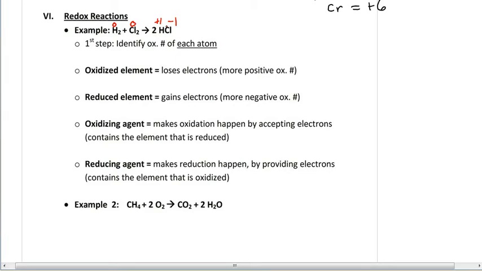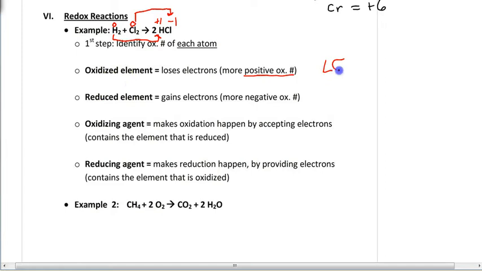Now we want to identify what has happened to each element. Here, the hydrogen went from being 0 to being +1, whereas the chlorine went from being 0 to being -1. And remember, that has to do with electrons being transferred from the hydrogen to the chlorine. Because the oxidation number has become more positive for the hydrogen, it has lost electrons.